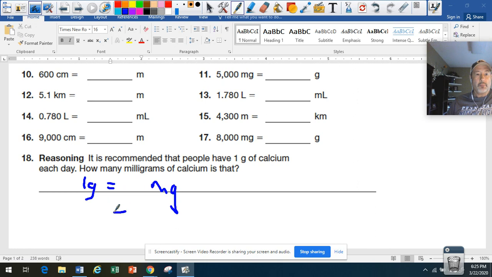So that means we're going to be moving it to the right. Oh, Mr. Spencer put that on the wrong way. Let's back that up here. To the right, okay? To the right 3 places. So we move it to the right 3 places. This is going to give us 1,000 milligrams.